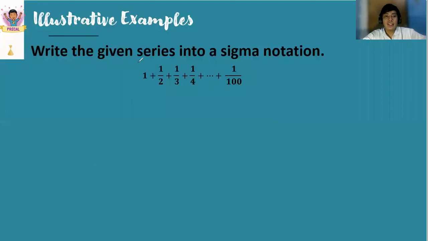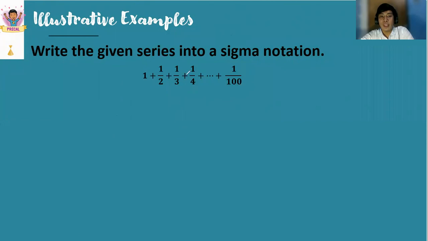Next, we write the given series into a sigma notation. So it's the reverse. We are not expanding, but we are writing this expression or series into its summation notation or sigma notation. Notice that we could use I as a representation.